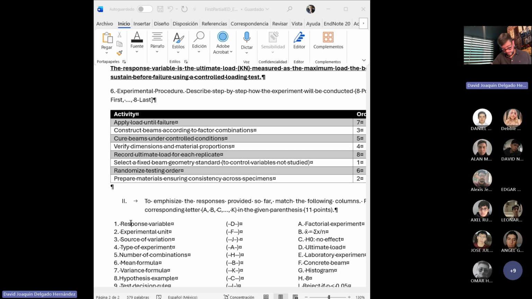So you have your exams already graded. There is a possibility that the exam is here in this USB. So let me see.